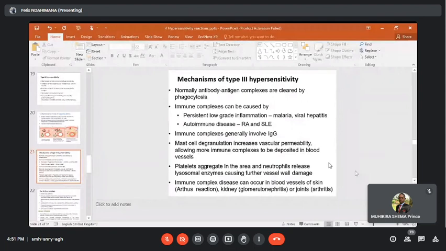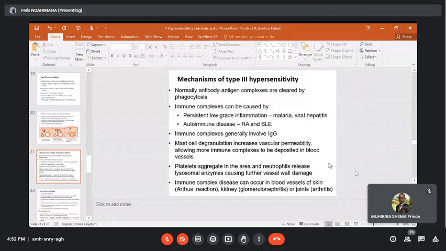The platelets will aggregate in the area and neutrophils will release lysosomal enzymes, causing further vessel damage. As I was saying, once neutrophils are recruited in an inflammation, we all know that inflammation is really important in our body to fight off pathogens.